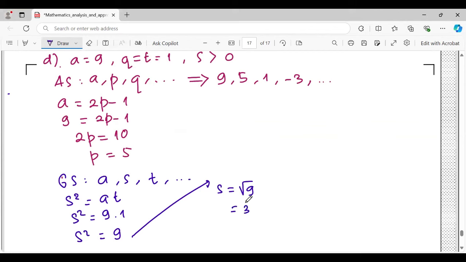If S equals 3, this geometric sequence will be A equals 9, S equals 3, and then T equals 1. And look, the common ratio is 1 over 3. So the first four terms of this geometric sequence are 9, 3, 1, and 1 over 3.